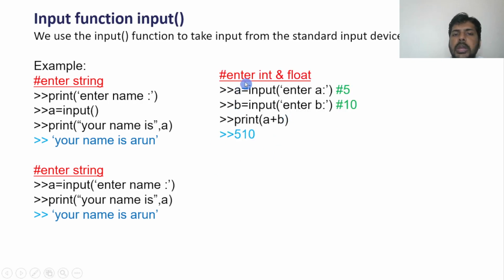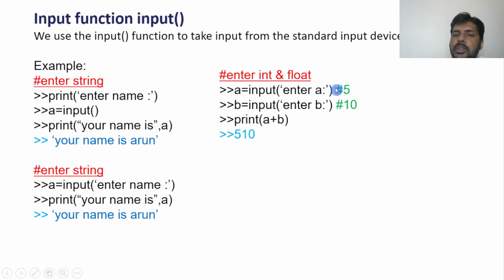Suppose you want to enter an integer or float. For example, a is equal to input enter a, b is equal to input enter b. I have entered 5 and 10, and if I try to print a plus b, what will it give? It will give output as 510. Why will it give 510? Because when you're using the input function, it will consider every input as a string.